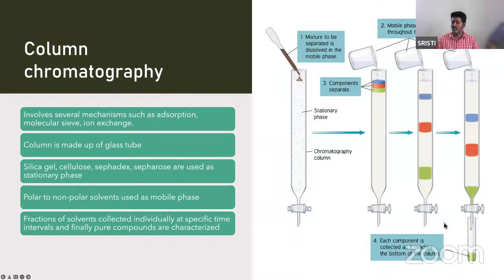You can fix a time interval like 10 or 15 minutes, or based upon volume, like 10 ml fractions, and collect them. Then you can analyze the compounds using spectroscopy and pool all the fractions that contain similar absorption wavelength into one fraction, and then go for concentration and identification of your compound.